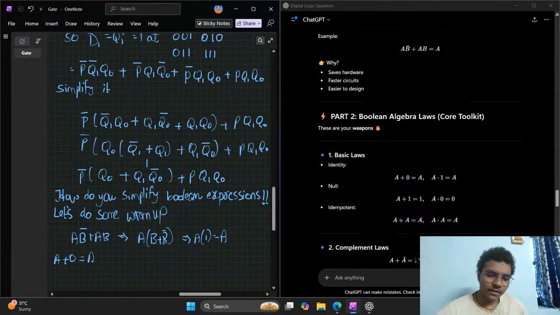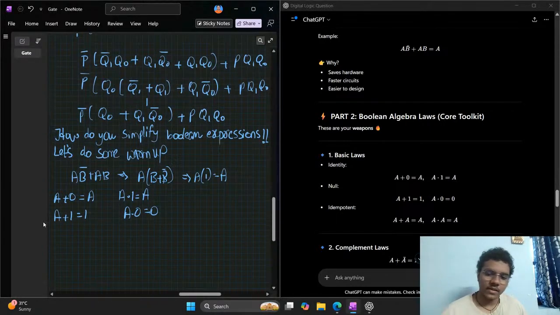So A plus 0 is equal to A times 1 is equal to A. Right. A plus 1 is equal to 1, A times 0 is equal to 0. That makes sense, idempotent. A plus A is equal to A times A is equal to A.